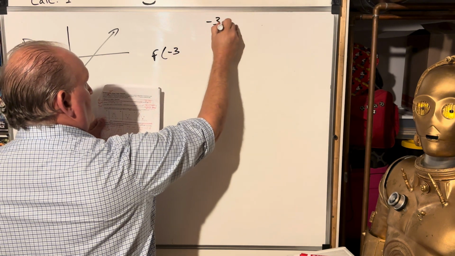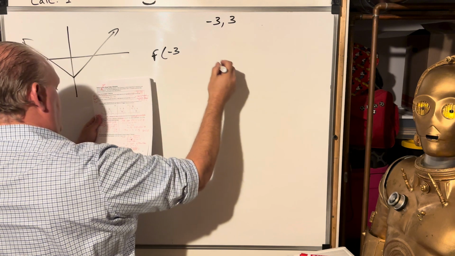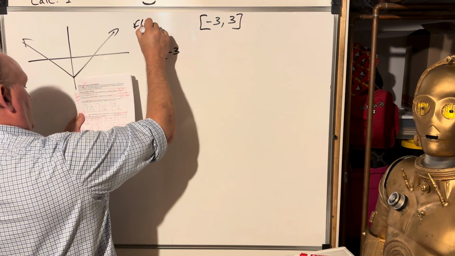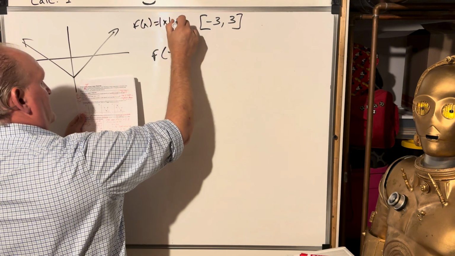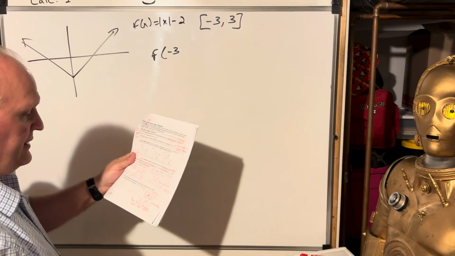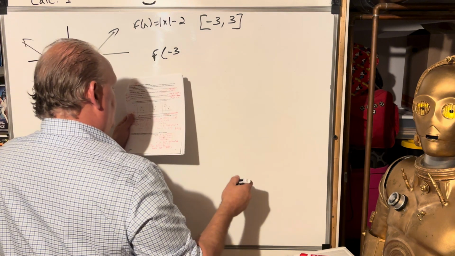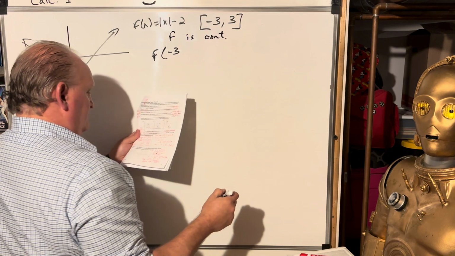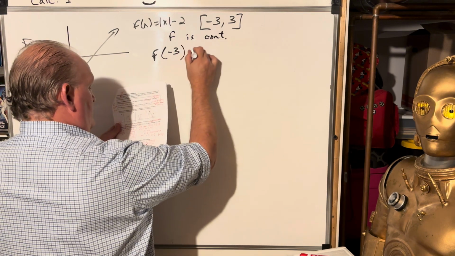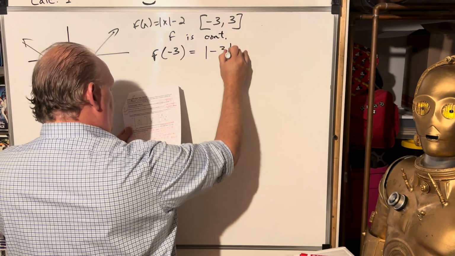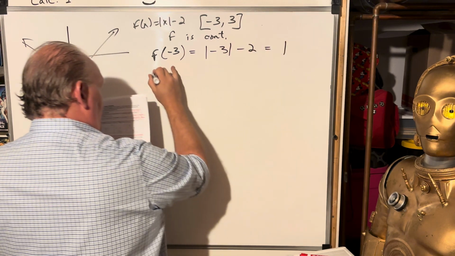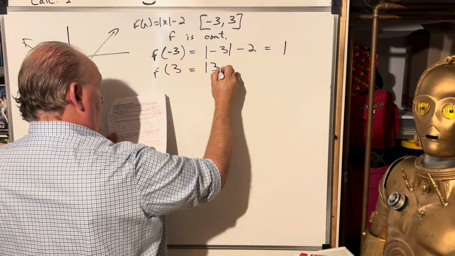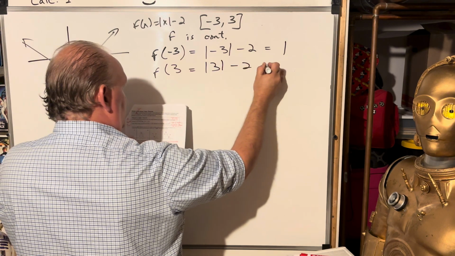It goes from -3 to 3 inclusive. f(x) is equal to the absolute value of x - 2. So f is continuous. f(-3) is equal to the absolute value of -3 - 2, which is 5. f(3) is equal to the absolute value of 3 - 2, which is 1.